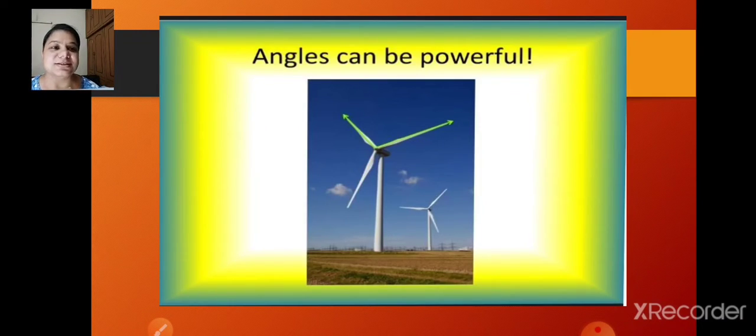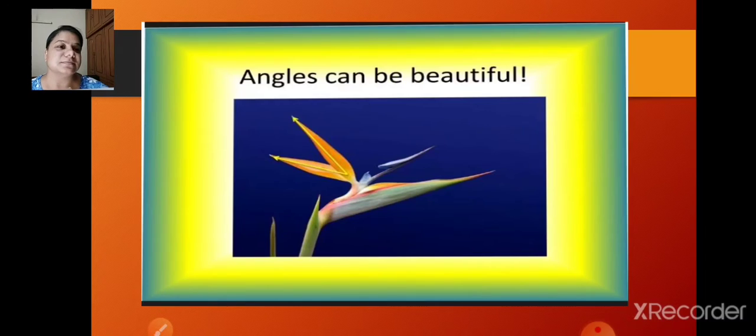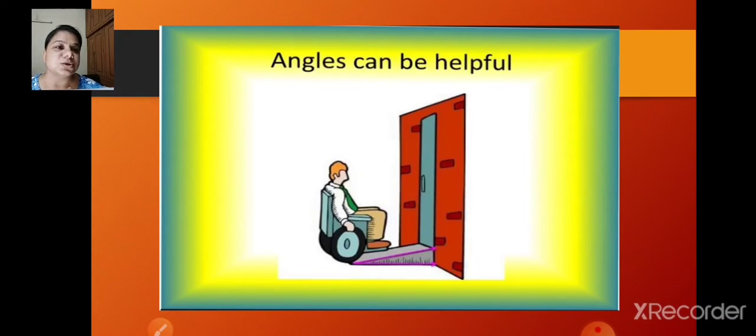Oh, angles can be powerful also. These are the powerful combines. So this is the beauty of angles, you can see. So angles are helpful also in our daily life. You can check there is a small angle on the floor.